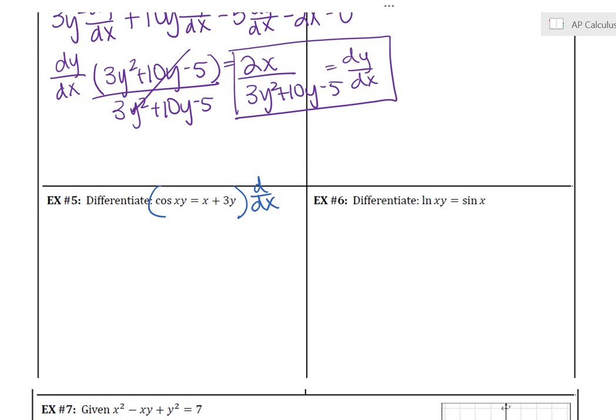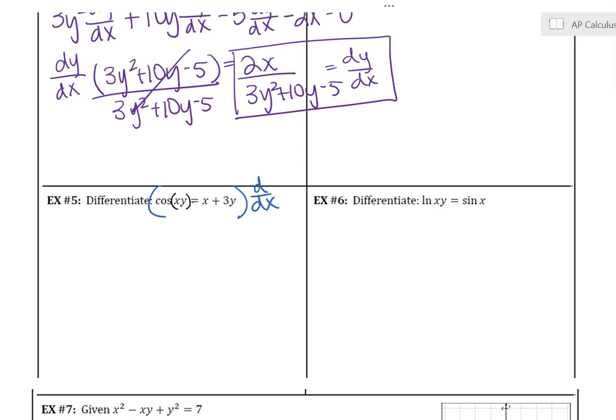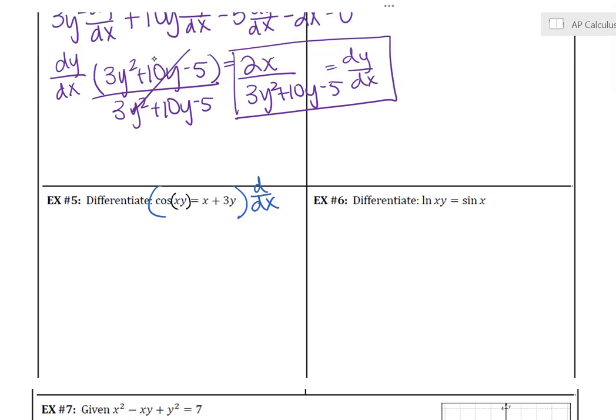And I'm also going to go in with a black, and I'm going to say this is going to be cosine of xy. So we're going to make sure we're using chain rule appropriately here. Remember that the derivative of cosine is negative sine. So I'm going to say negative sine xy times, then we do product rule on that x times y.